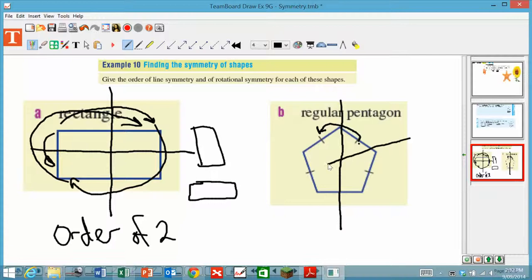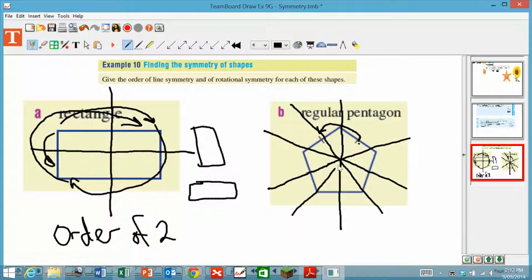We could do it through that way, though I'm not drawing these very neatly. Let me start at the top: 1 line there, 2 lines there, 3 lines there, 4 lines there, 5 lines there.